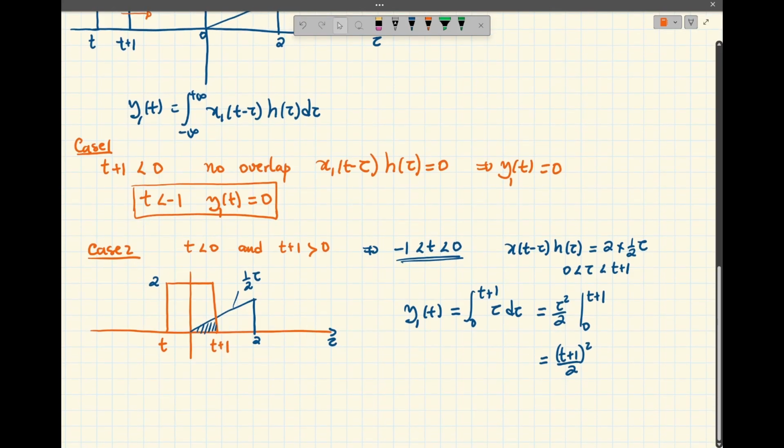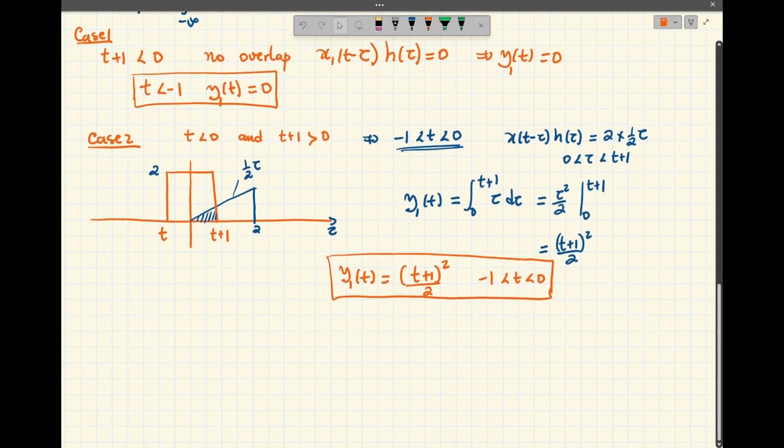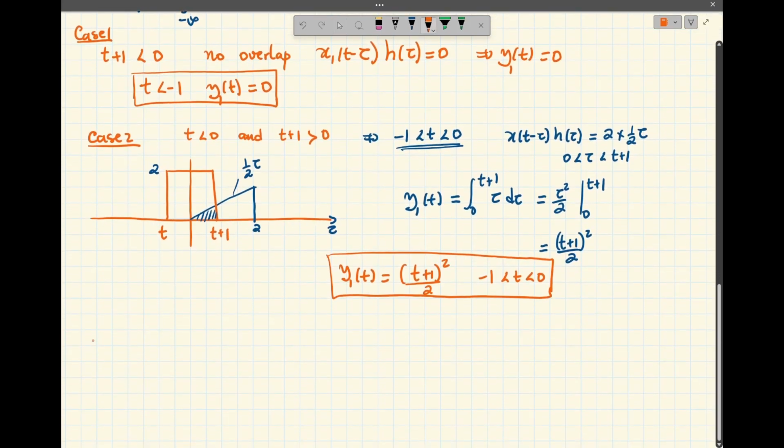So for this case, we have y1 of t equal to t plus 1 squared over 2 when -1 is less than t less than 0. Now, case 3. In case 3, this is the scenario.